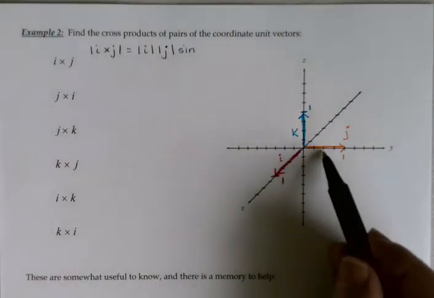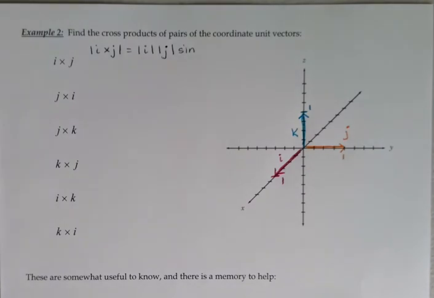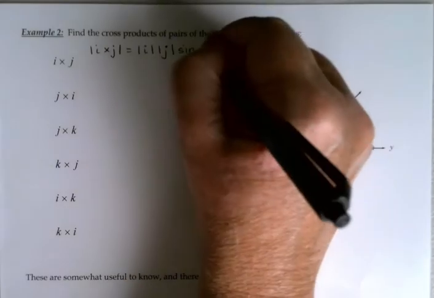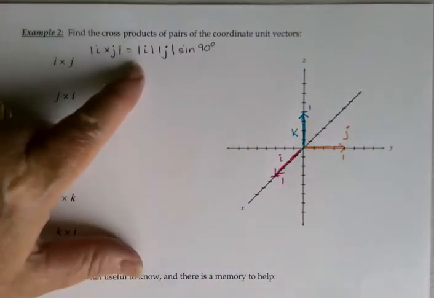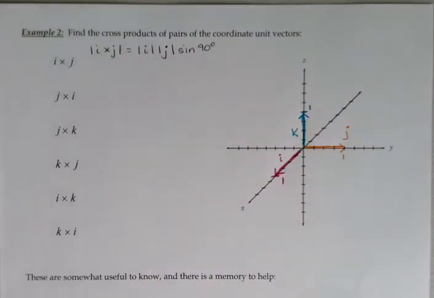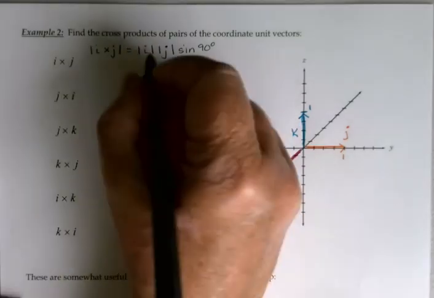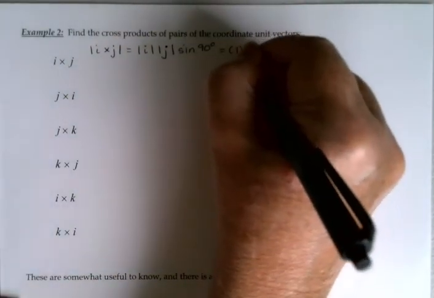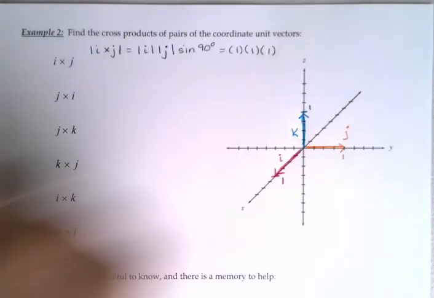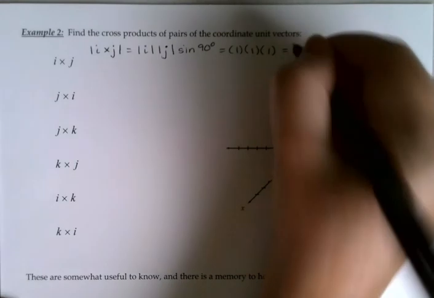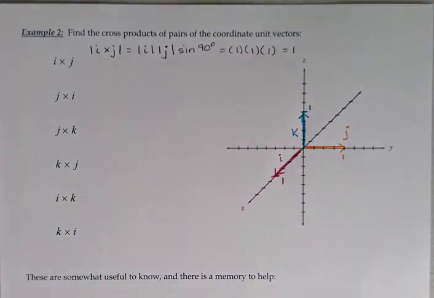But since I and J are on the x and y axes respectively, I know that's a 90-degree angle between them. I and J are unit vectors, so their magnitudes are both 1. So this is just 1 times 1, and the sine of 90 degrees is also 1. So the magnitude of I cross J is 1.